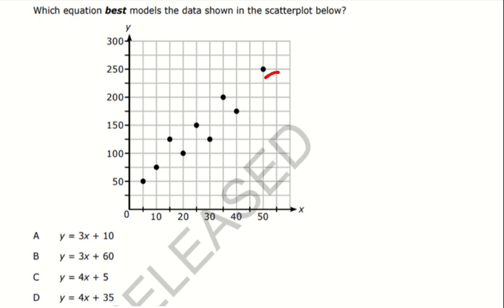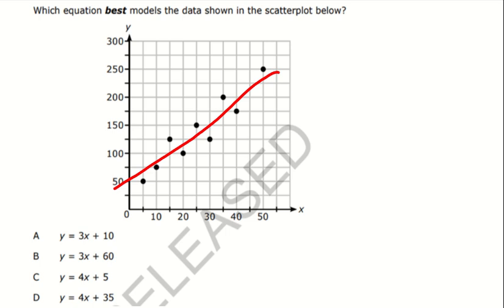So if I draw a line through the middle, my line's going about right there, right? What's my y-intercept then? My y-intercept's a little bit over 50.